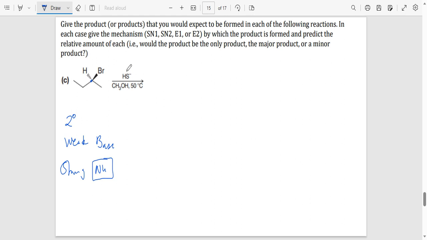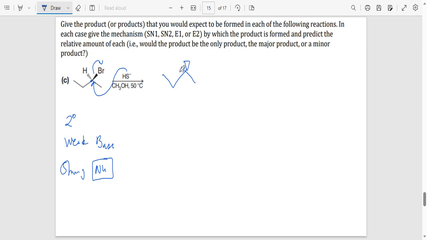So, what you'll be able to see is that this is going to attack there, this bond is going to be released. So, what we are going to form is this, and then this group has been attached. Because they've specified stereochemistry here, even the stereochemistry of the product is going to be specified.